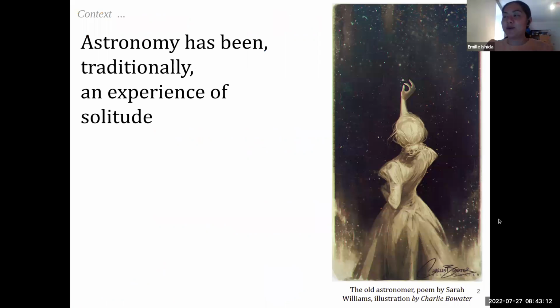I always like to remember where we are coming from. So we are coming from a tradition of very small and especially very personal data sets. A telescope has never been something very cheap. It was something that very few people had access to from the beginning of observational astronomy.